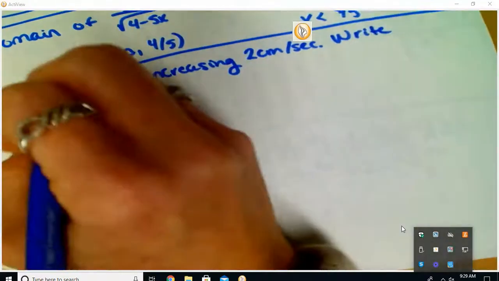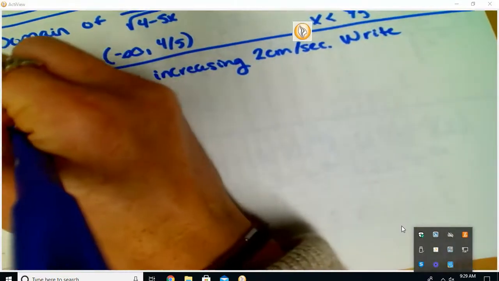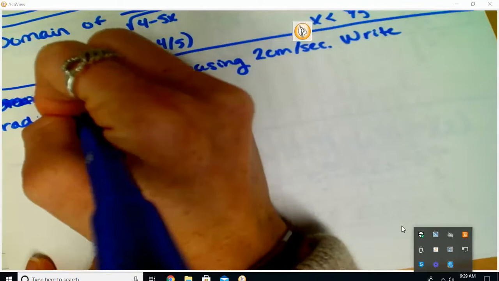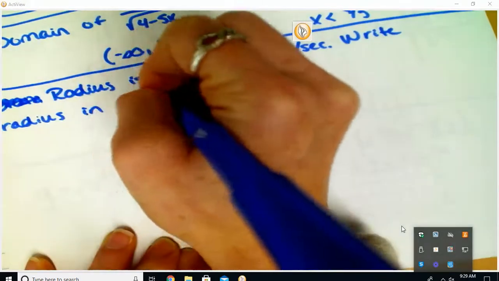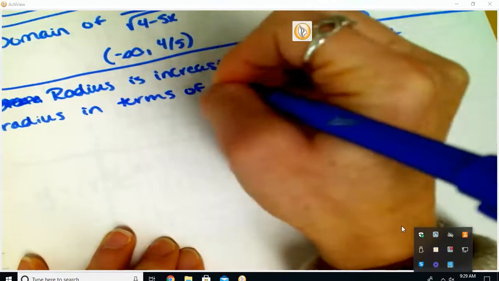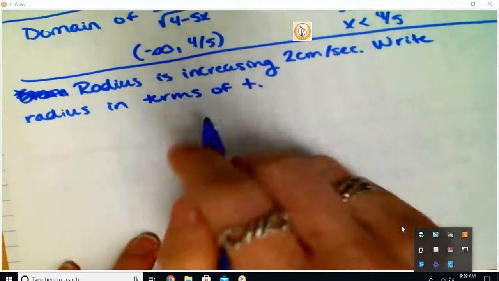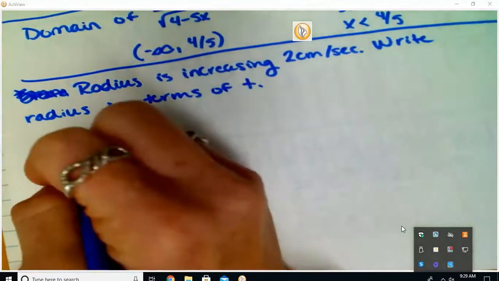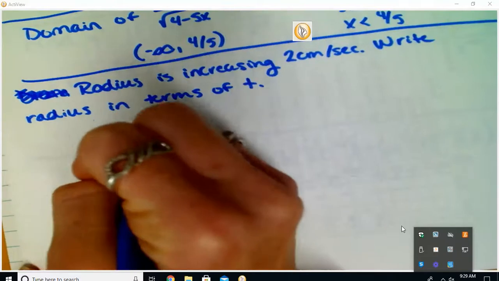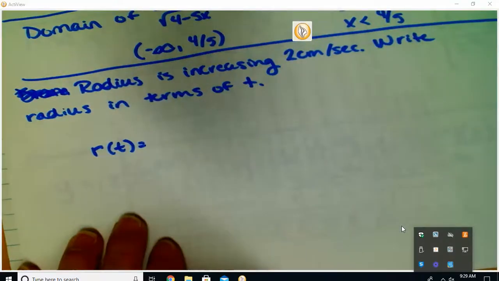So the first thing I would ask you to do is write the radius in terms of t. If my radius increases 2 centimeters every second, what would be our radius equation? 2t.